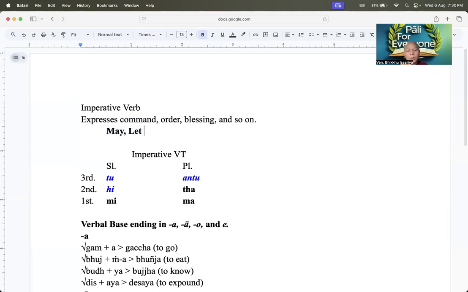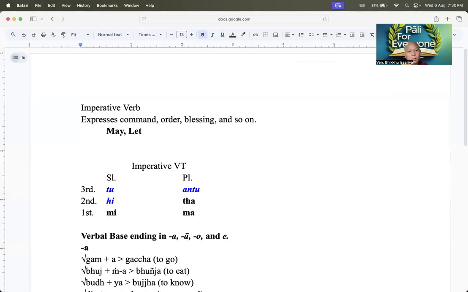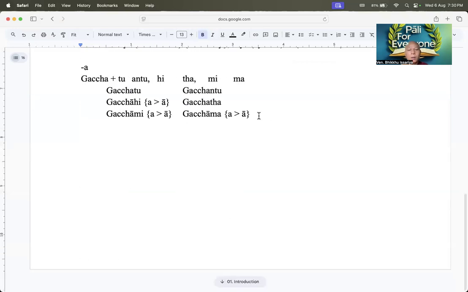So for example, here, gacha to, for example. Gacha me, to go. Okay. And then now do me. So that is imperative. Because of imperative, the meaning is may or let.